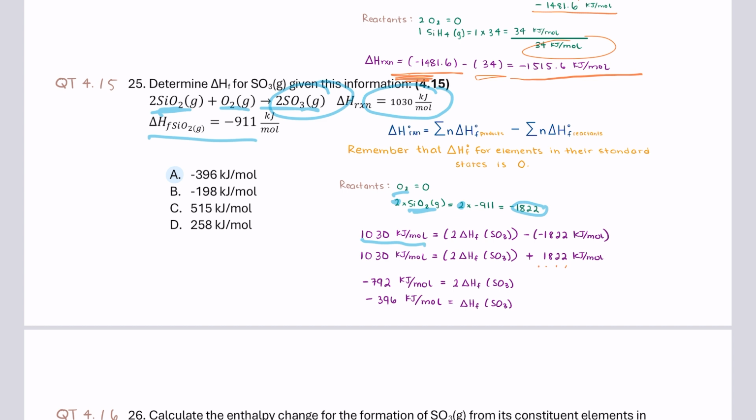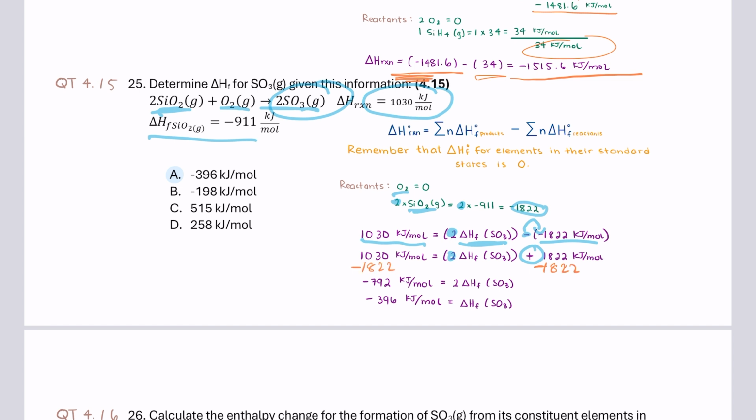On the product side, we have 2 moles of sulfur trioxide gas, and we're trying to calculate the change in standard enthalpy of formation for that. So we write 1,030 equals 2 times the change in standard enthalpy of formation for sulfur trioxide gas minus negative 1,822 kilojoules. These 2 negatives multiply out to give us a positive. From here, we're going to subtract 1,822 from both sides.